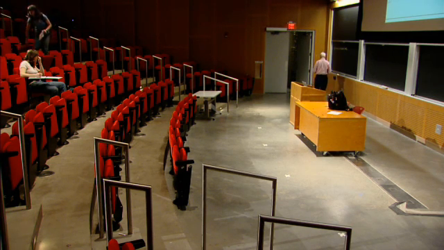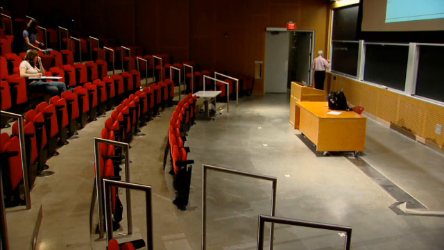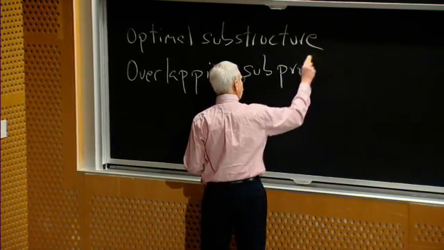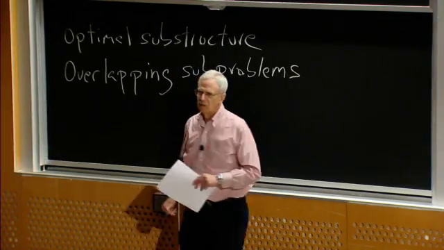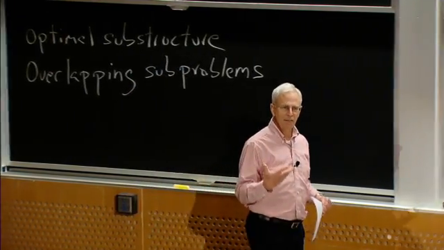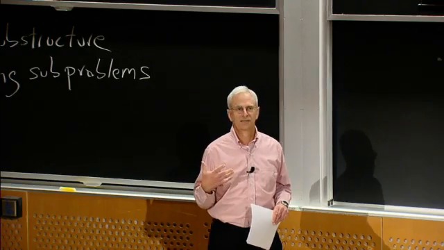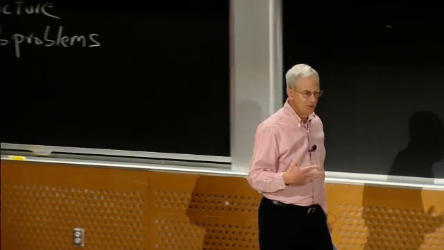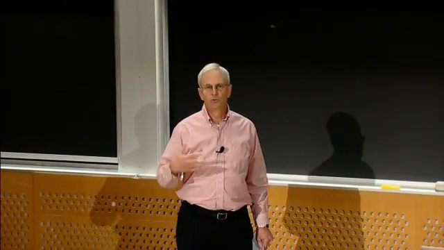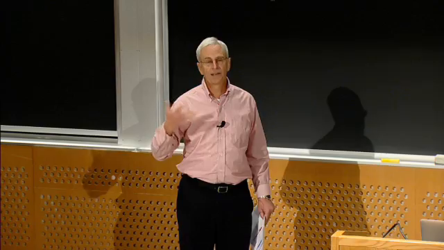The second property we looked at was overlapping subproblems. And what this meant was that in the course of running our algorithm, we would end up solving the same subproblem more than once. And that is what gave us the power of using memoization to use table lookup instead of recomputing the solution.